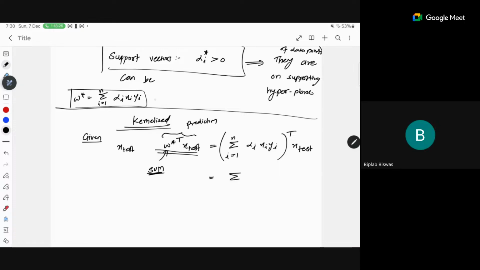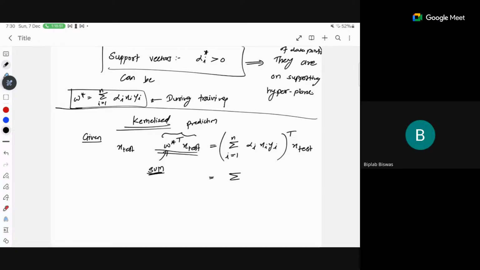This is during training, correct? We have learned it from the training data. Now I wanted a prediction. How will you do that? I use W star and take the transpose only, right? That is what my prediction will be. Then W star transpose X test will give me what?